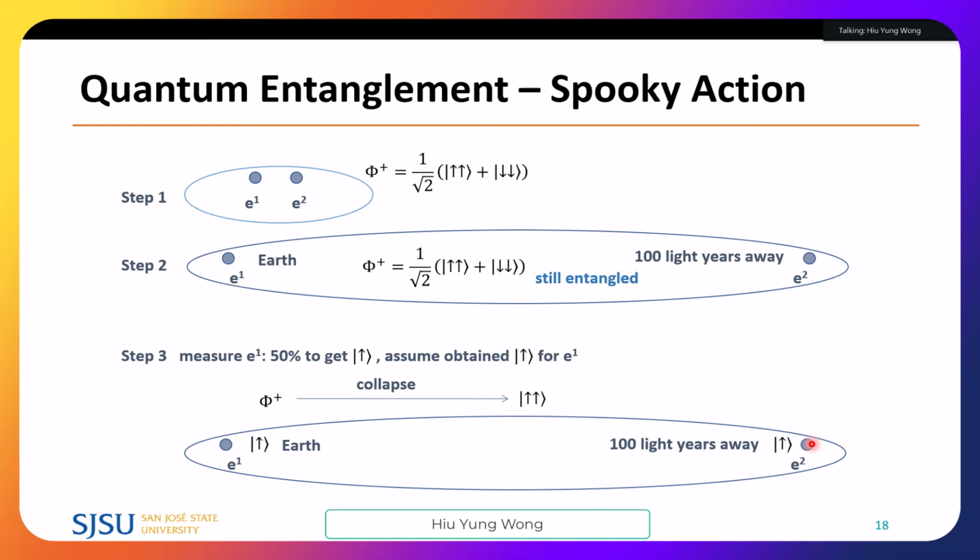So this is something a little bit spooky, although after more discussion or proof, you will find that this is not really that spooky. But the point is that whatever happens on Earth will happen 100 light years away immediately, instantaneously, even faster than the speed of light. It looks like faster than the speed of light. And that's why it shows another specialty about entanglement.